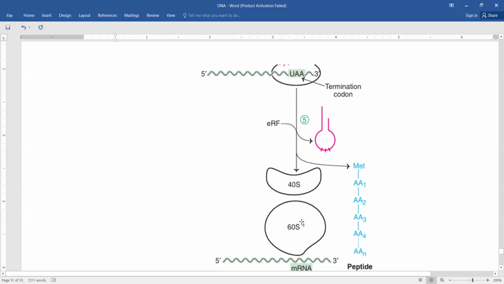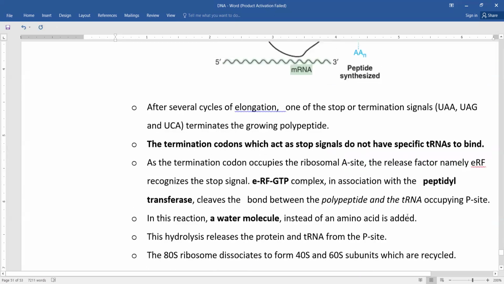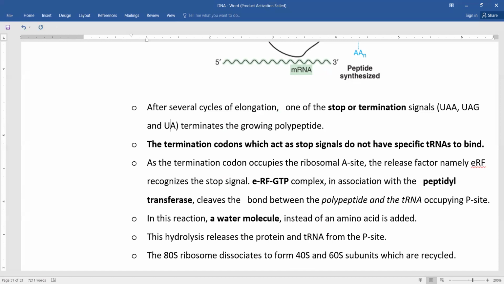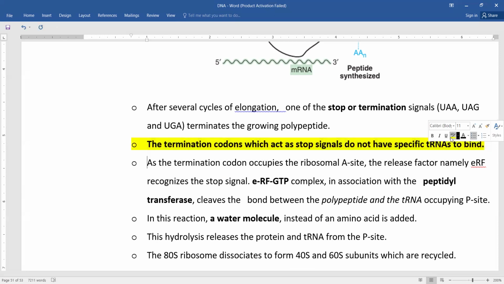Both 40S and 60S subunits of the ribosome are separated, and even the mRNA is detached. So now a polypeptide or protein is formed. After several cycles of elongation, one of the stop or termination signals, either UAA, UAG or UGA, terminates the growing polypeptide. The termination codons which act as stop signals do not have any tRNA to bind.